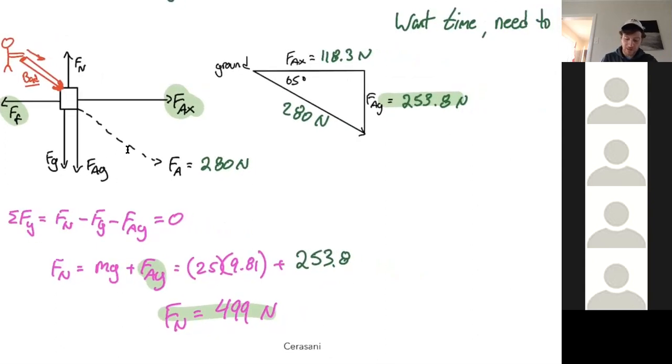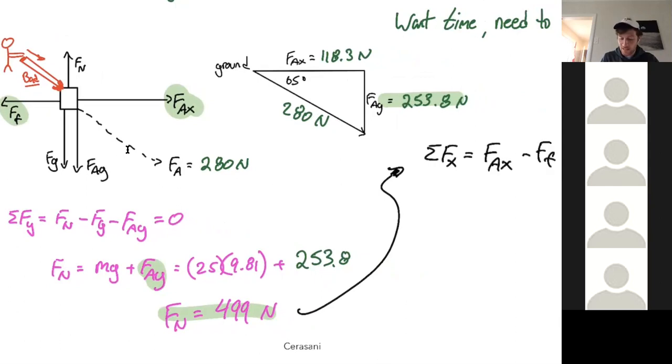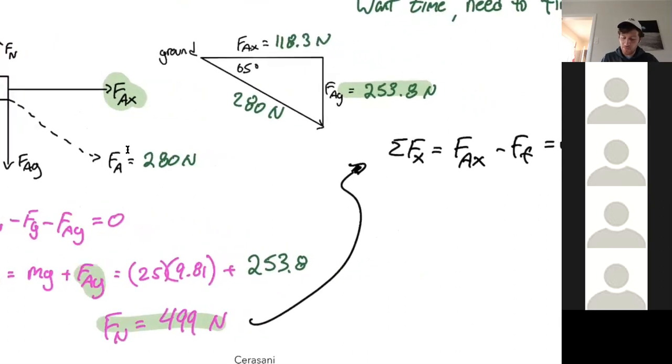In the x direction, things change just a little bit, because the sum of the forces in this x direction is still FAX minus the force of friction, and that still equals mass times acceleration, but now that acceleration is not 0, okay? It was 0 in part A, it's not 0 anymore. So we need to solve for that.